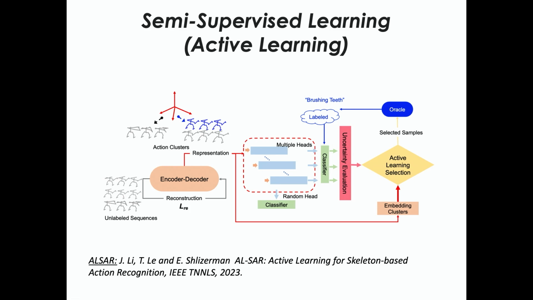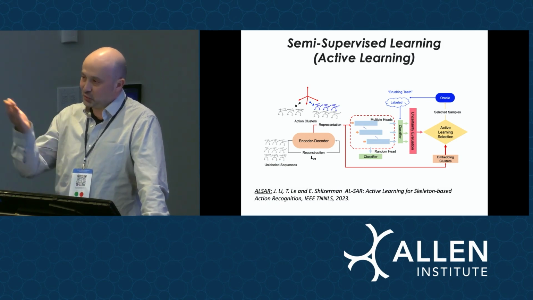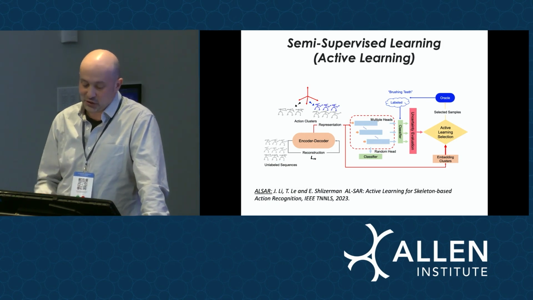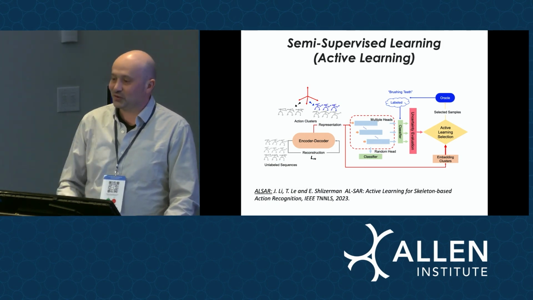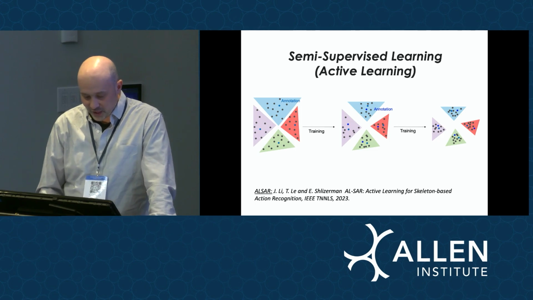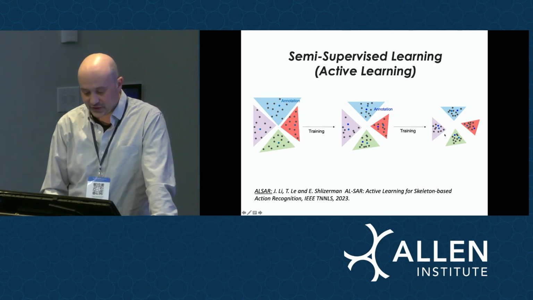And then based on measuring this uncertainty with multiple heads, one could then propose what are the points that are less certain in terms of classification in the latent representation, and then ask the user to label only these points and then go back. This is a diagram of how it works.